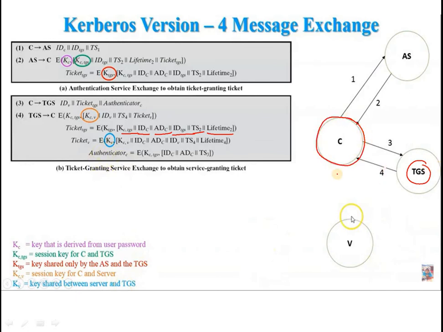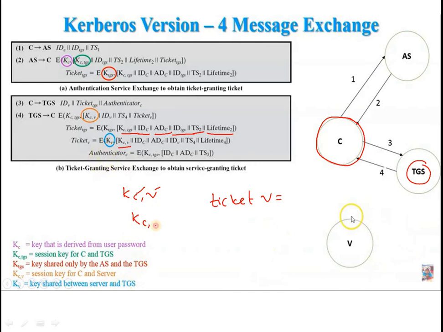Now the TGS will generate its own ticket, called ticket V. What does this ticket V contain? This ticket V contains KCV. KCV is the session key for the server and client. We have two session keys here.